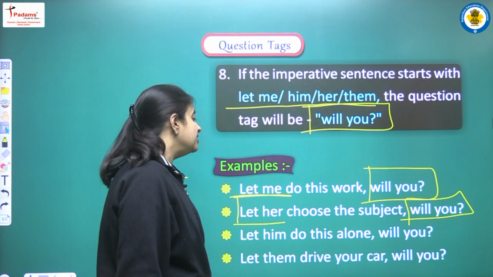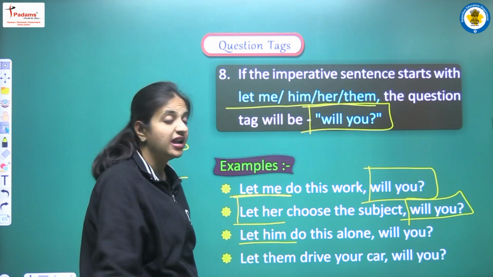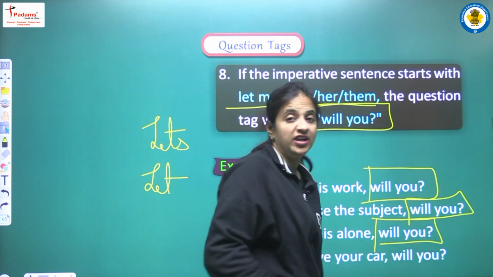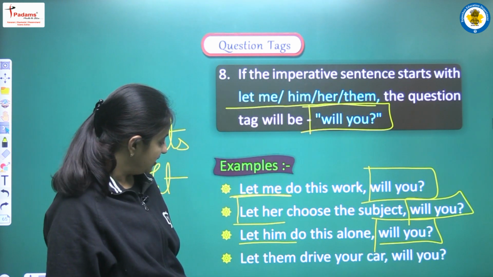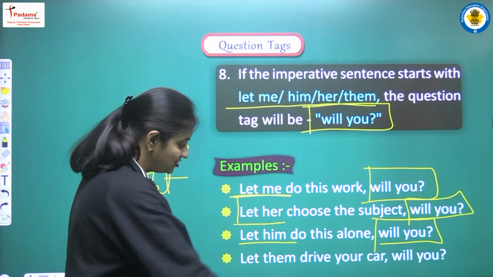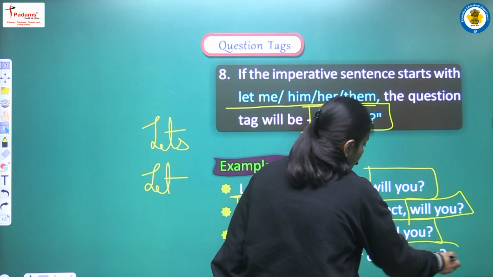Next example: let him do this alone. In this sentence also we are having let him, so again the question tag will be will you. And the next example is: let them drive your car. In this sentence also we are having let them, so now the question tag will be will you.